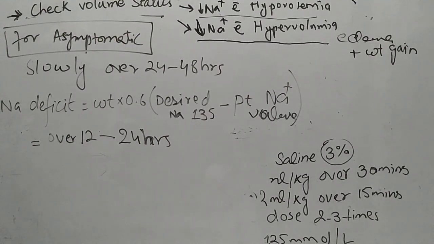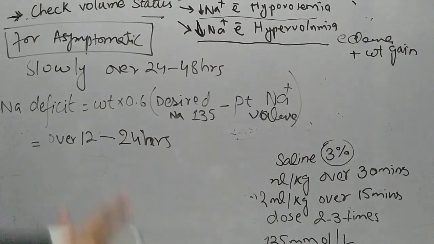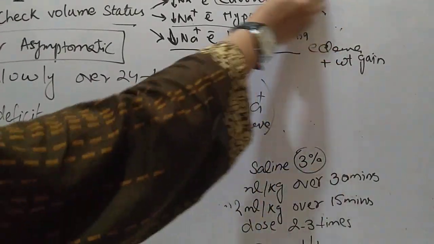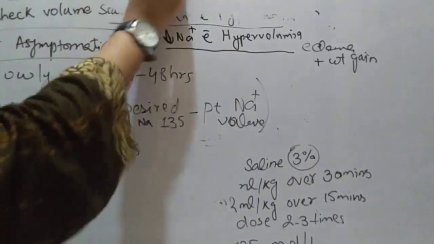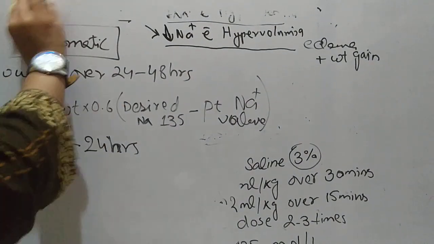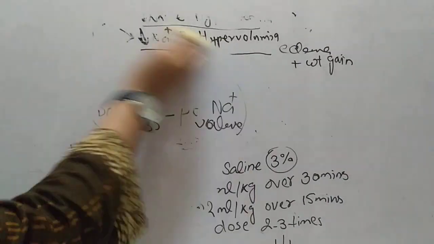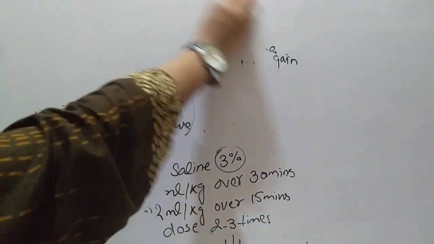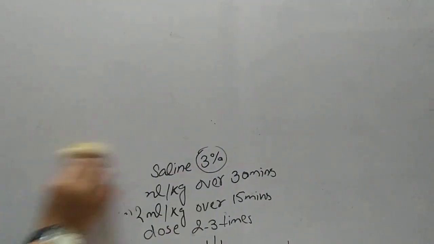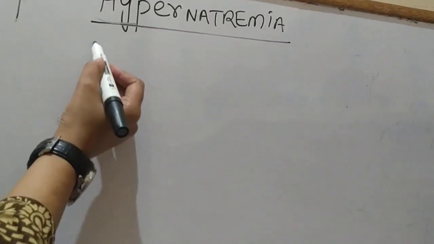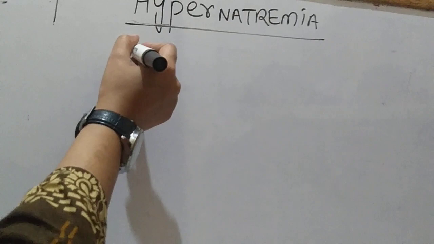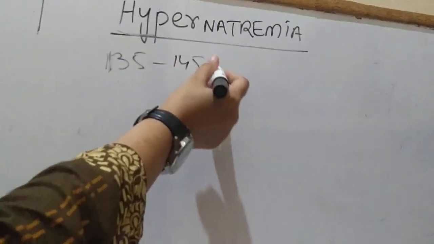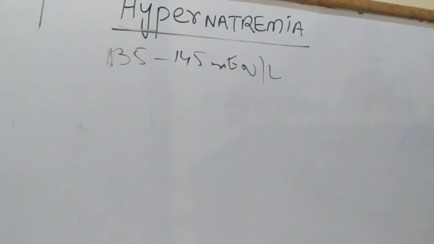Next, the second management is hypernatremia. Your normal serum sodium value is 135 to 145 milliequivalents per liter.